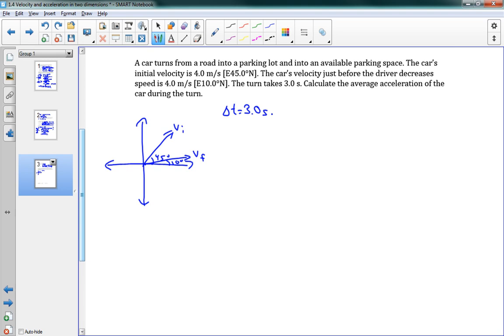Calculate the average acceleration of the car during the turn. A average equals delta V over delta t. Remember that delta V is equal to Vf minus Vi. So Vf minus Vi, this is equal to Vf plus negative Vi.